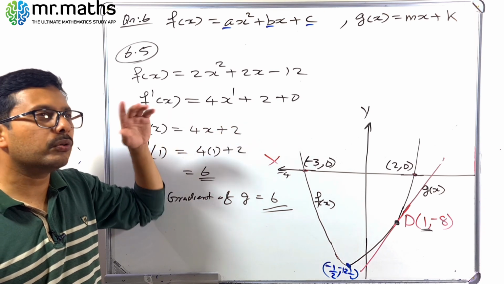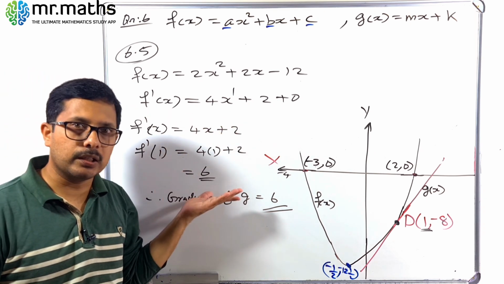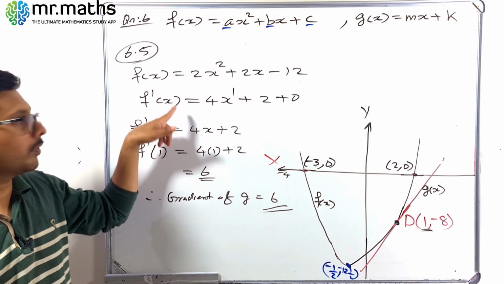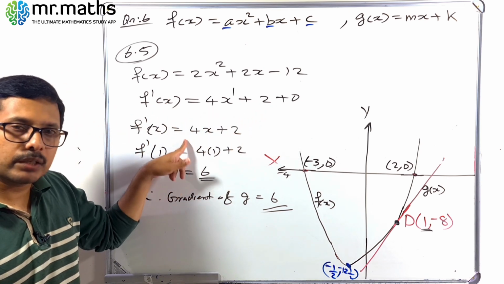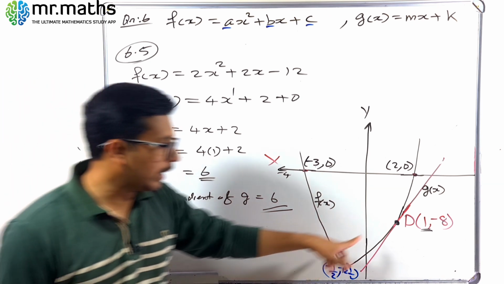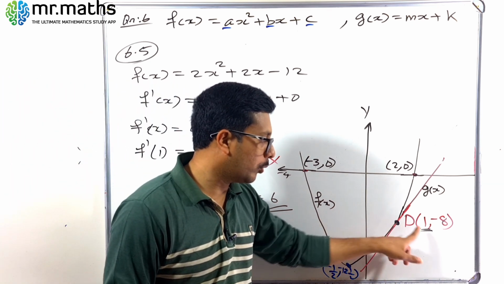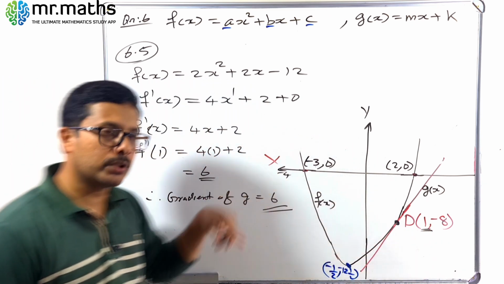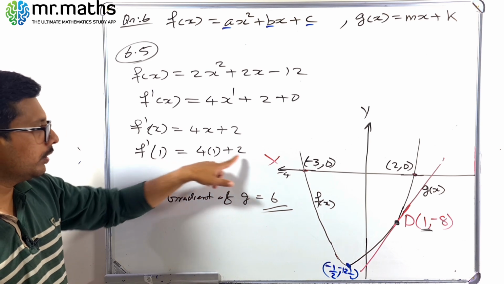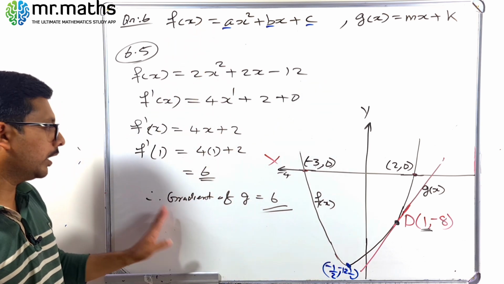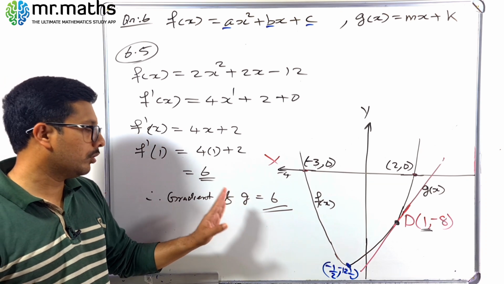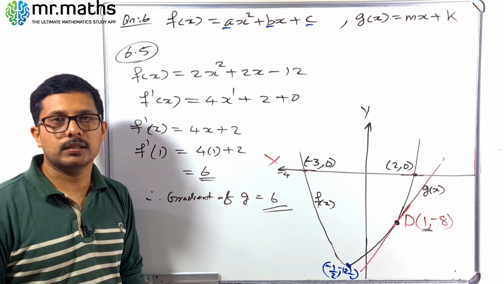If you don't know, you have to wait and first study calculus, then only you can do this one. So f dash of x is equal to 4x plus 2. In this derivative you substitute the x value of this point, which is 1. Then the answer is the gradient of that tangent. So the gradient of g of x is 6.